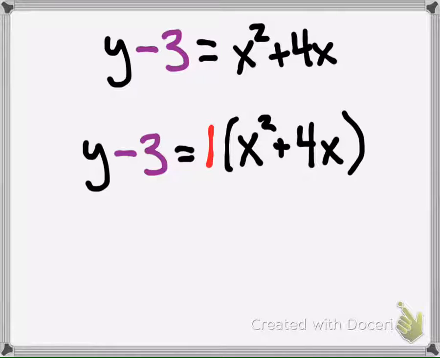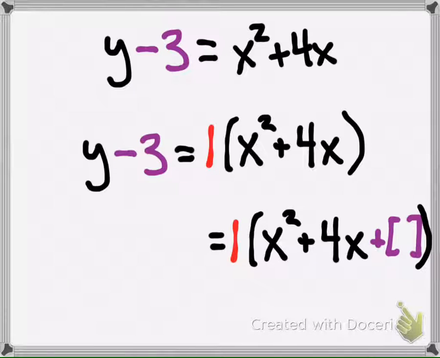So what we're going to do now, since we have our quadratic on the right, is find a value that makes a perfect square quadratic. What I mean by a perfect square quadratic is I can write the factors of this: x squared plus 4x plus something is the same thing as x plus something and x plus the same something.